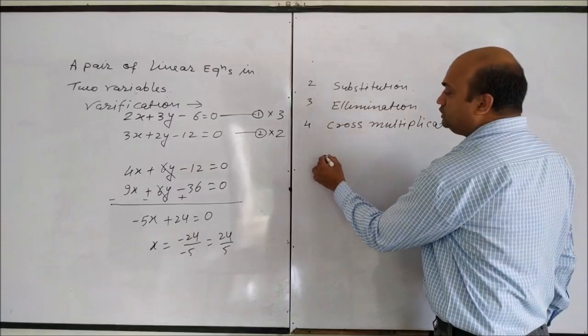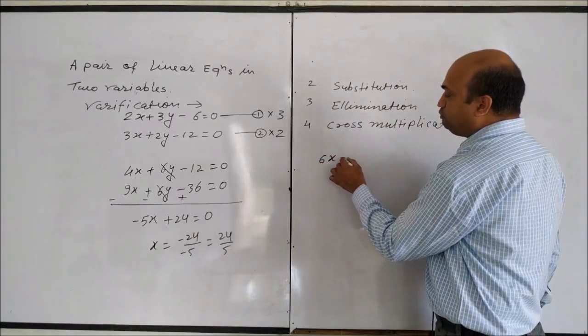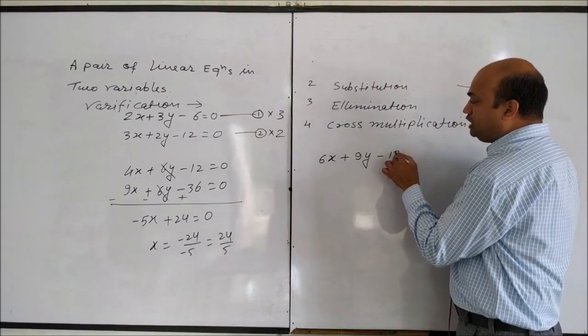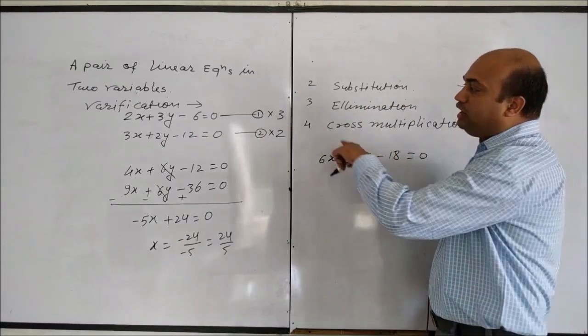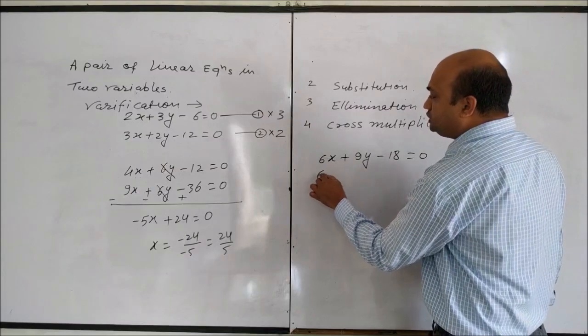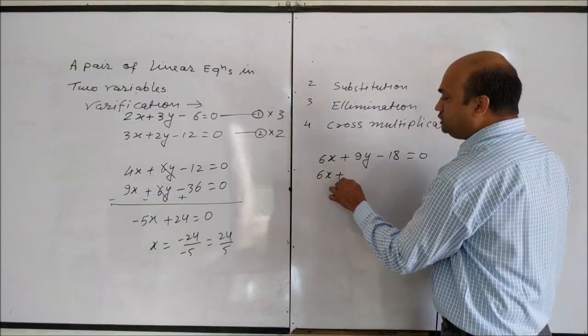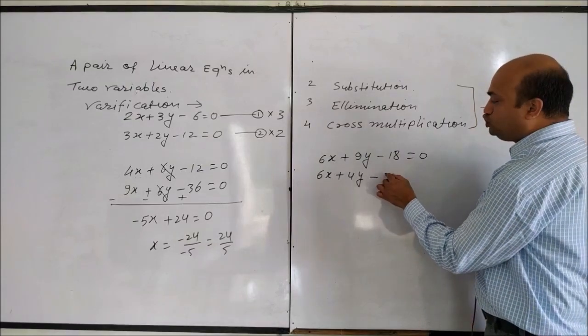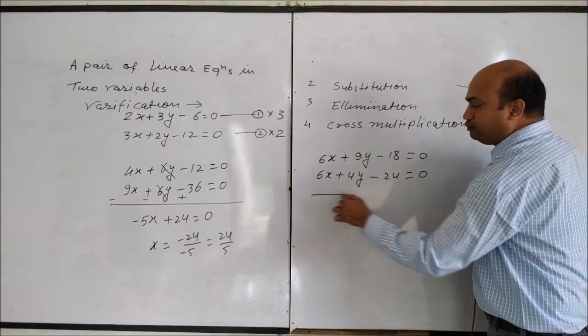It will be 6x plus 9y minus 18 equal to 0, and this will be 6x plus 4y minus 24 equal to 0.